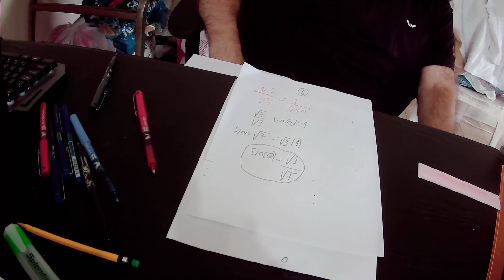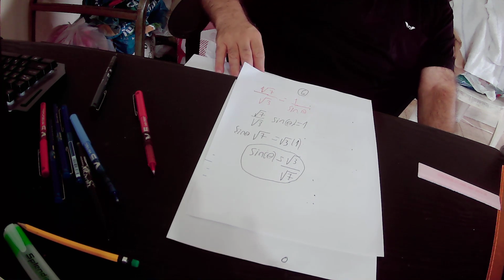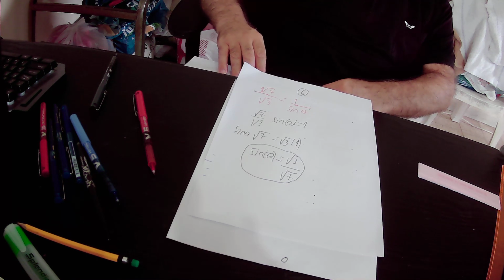In the next step, we found the value of cosine theta by implementing the first trigonometric identity.